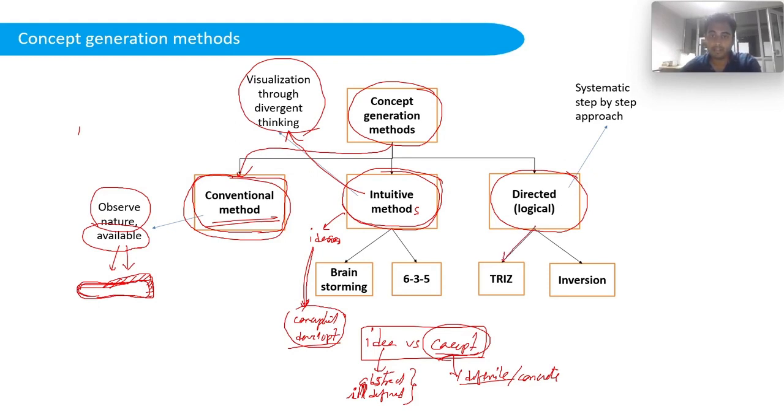There are different methods like trees, inversion, etc. In this class, I will be talking about the intuitive methods, which are more creative in the way they are organized. The two techniques I'll be discussing today are brainstorming and 635.